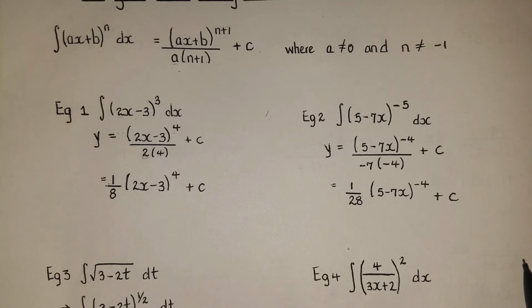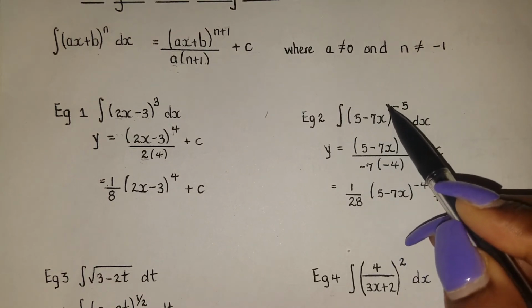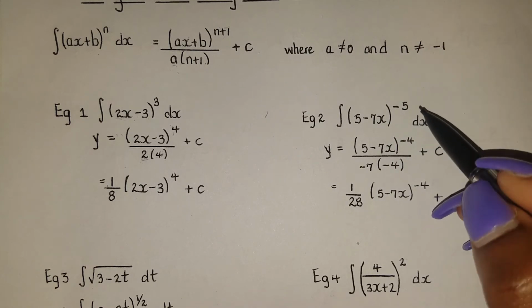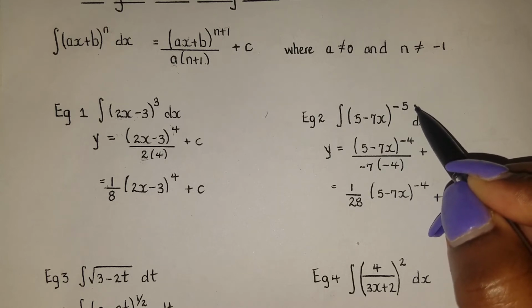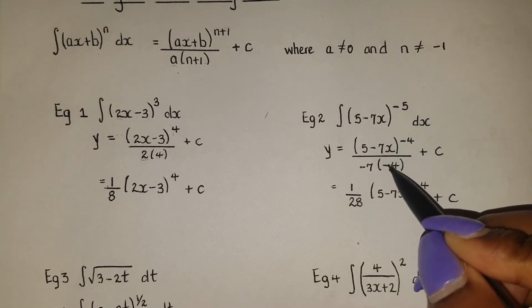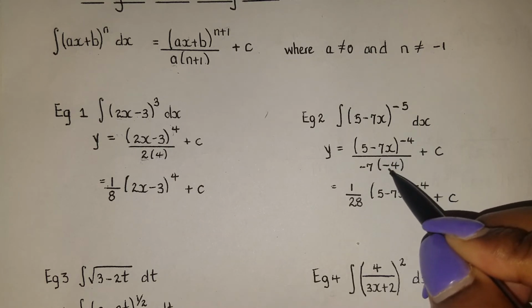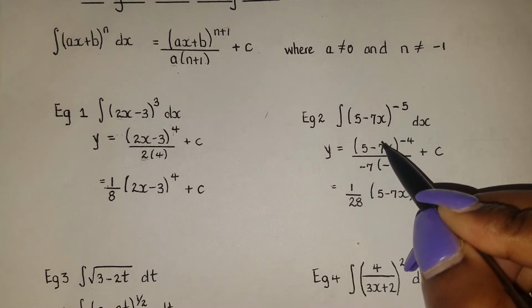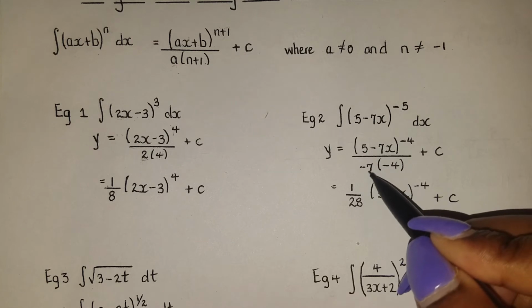Next example, the integral of (5 - 7x) all raised to a power of -5. So, like normal, we're going to add 1 to our -5 and we get -4, and we divide by -4. And this needs to get multiplied by a. Remember a is the coefficient of x, and in this case, the coefficient of x is -7.